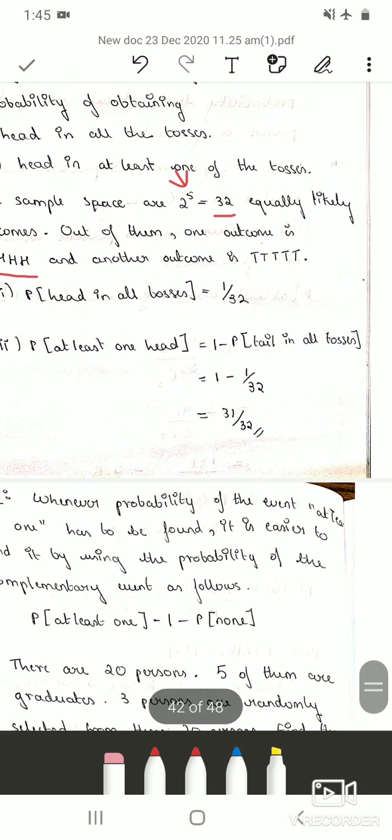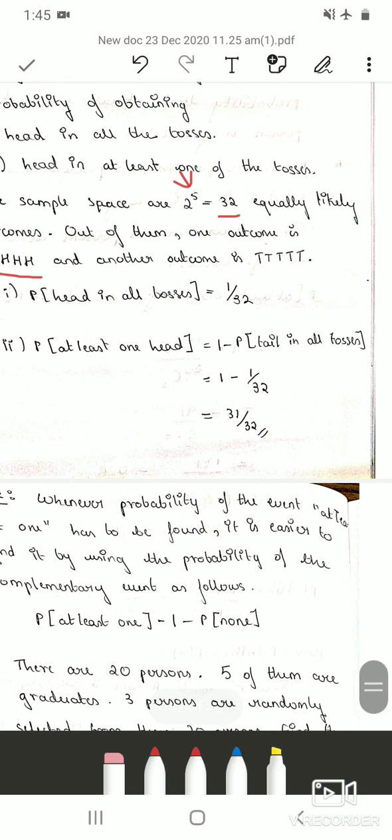And the second sub question is probability of at least one head. So there are so many outcomes which are favorable to the event, that is at least one head occurs. Instead of that, we can take complement, which is 1 minus probability of tail in all tosses. So at least one head means there can be one head or two heads or three heads or 4 or 5.